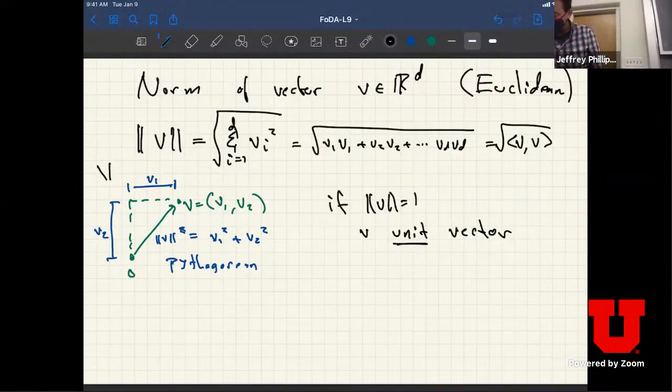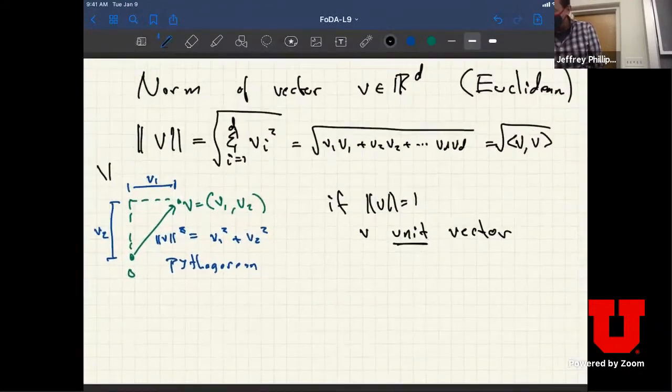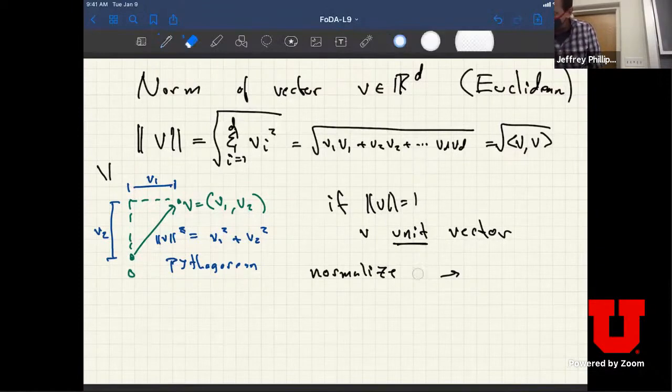So if I want to normalize V, often you say to normalize V, then I would go, just so my V doesn't look too much like a U, sometimes I say V bar, and this enforces that the norm of V bar is equal to 1.